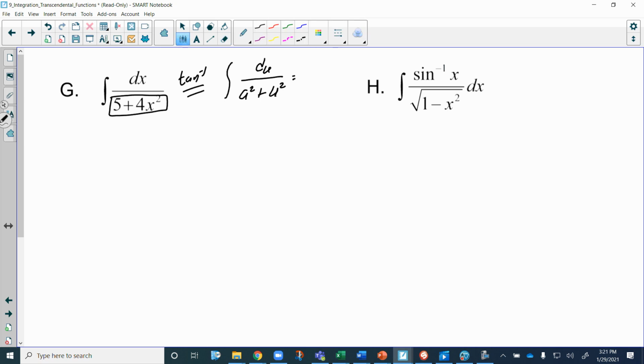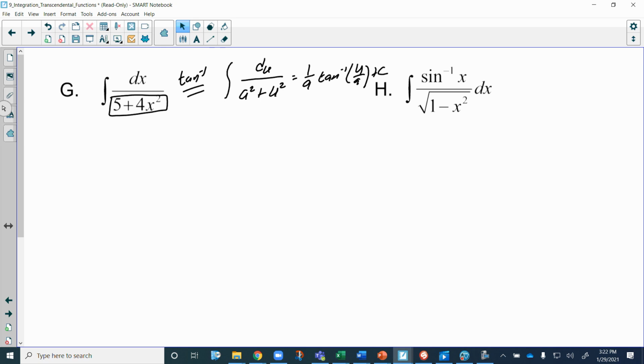What that's telling you is that the result will be 1 over a times arctan, or inverse tangent, of u over a, plus a constant of integration.